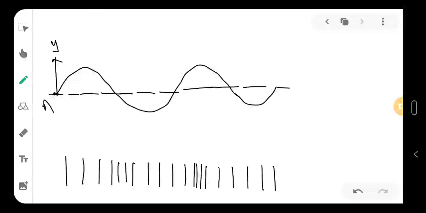From here you can see that at this point A, the particle is at the equilibrium point, whereas here the particle is at the extreme point. This displacement is called your amplitude, the same as your oscillation. This maximum displacement of each of these particles is called your amplitude. So A is your amplitude.